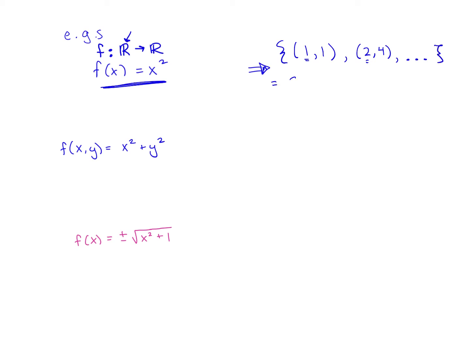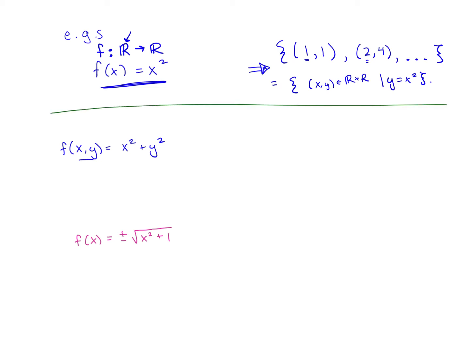So instead, I can think of this as the set of (x, y) in R cross R, where x squared is equal to y, or y is equal to x squared. Let's write it as y equal to x squared.